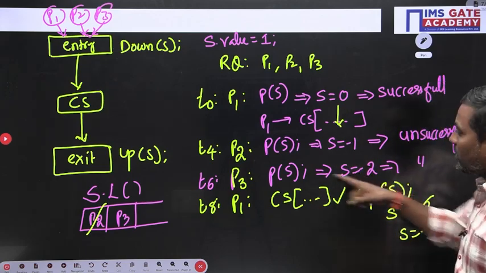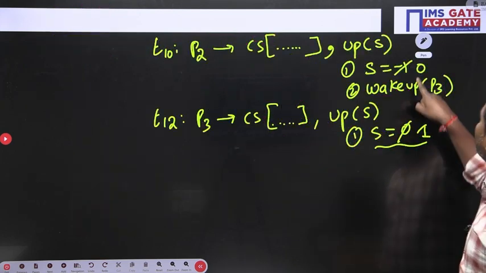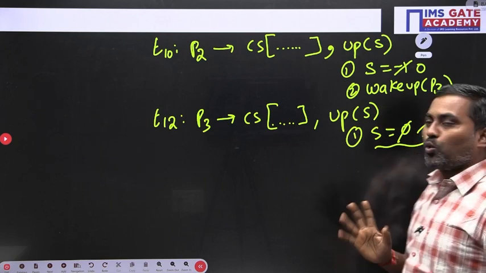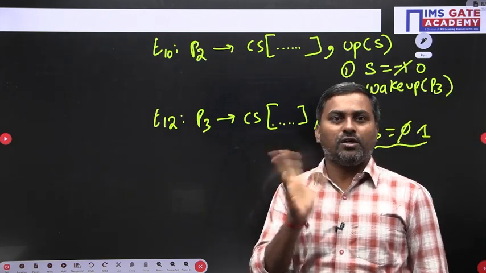Right now -2 means there are 2 blocked processes. Here -1 means there is 1 blocked process. When it becomes 0, there is no blocked process. That's why I directly made S equal to 1, as there are no blocked processes. So these are the observations.